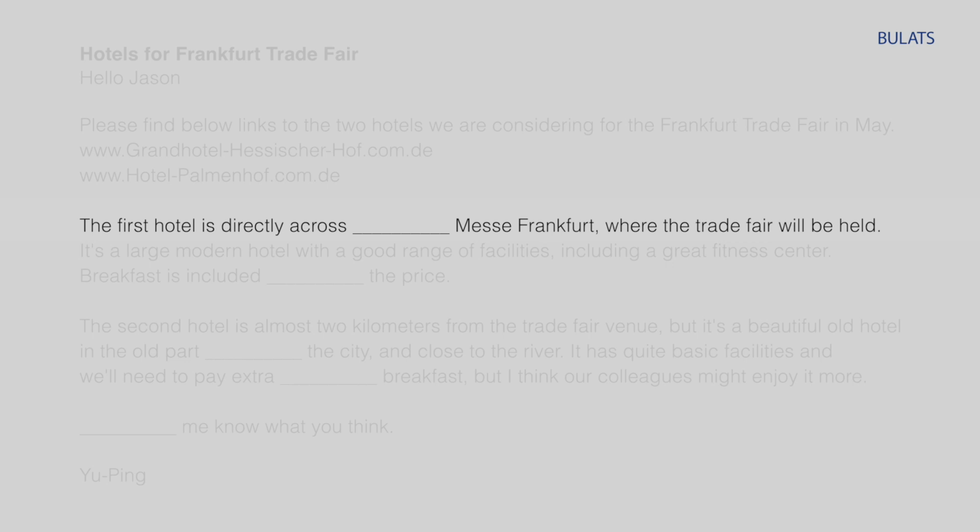In this case, the beginning of the sentence is telling us where the hotel is, and we see the hotel is directly across, then there's a gap, then Messe Frankfurt. And that seems to be a place, so clearly there is a connection here with across and also the place. And it also seems to mean something like opposite. With our knowledge of English, we may have come up with from, so across from the Messe Frankfurt.